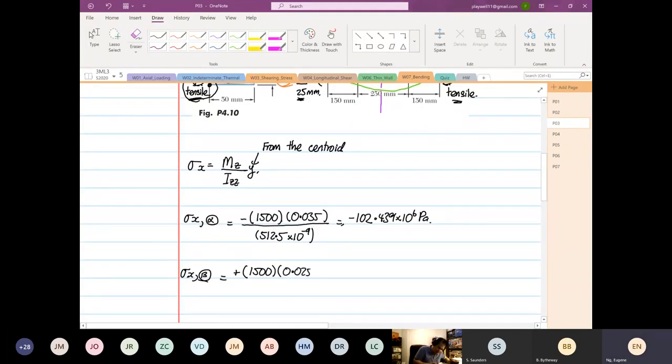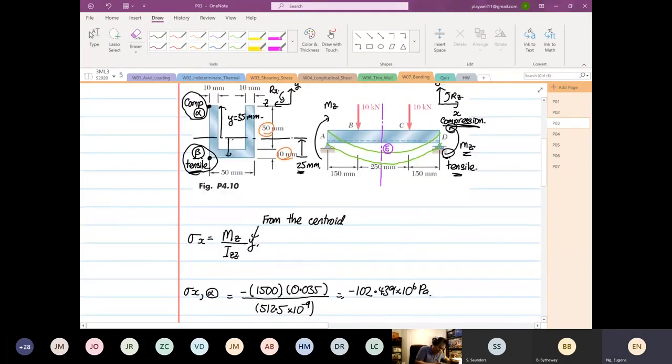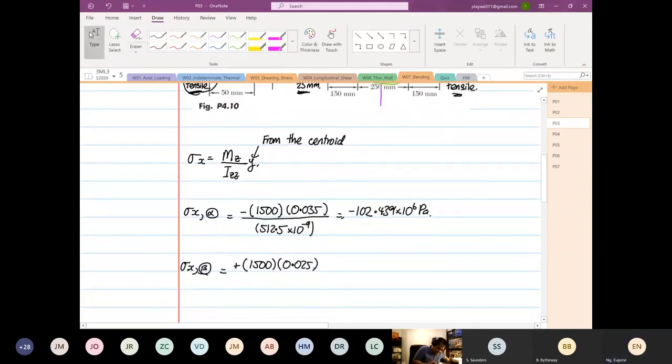So from here to here is 25 millimeters, divided by 512.5 times 10 to the power minus 9. So 1500 times 0.025 divided by 512.5 times 10 to the power minus 9 is equal to positive 73.171 times 10 to the power 6 Pascal.